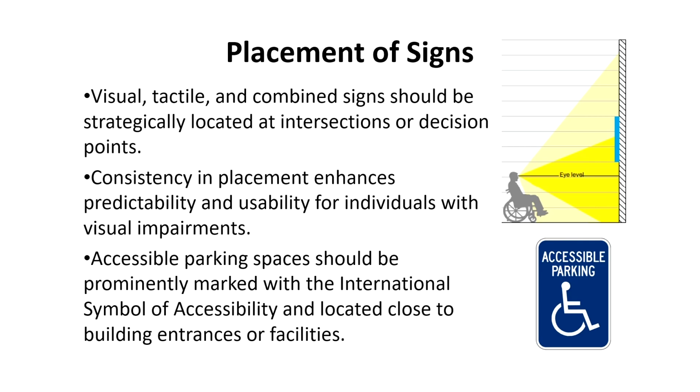They enhance the usability, especially while using a particular path and decision points. For example, visual, tactile and combined signages should be strategically located at the intersections, or you can say the decision points. There has to be consistency in placement at entrances, predictability and usability for individuals with visual impairment.